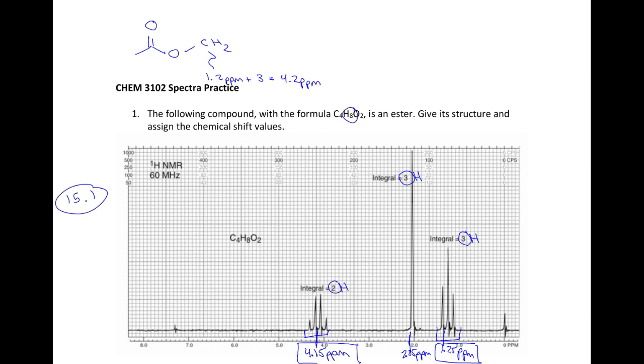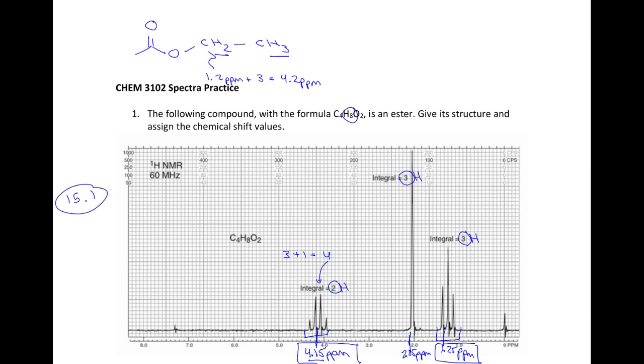That lines up pretty close with our 4.15, and it makes sense that it would be a quartet, because by the n+1 rule, these 2 protons would be split by these 3 protons. 3 plus 1 is 4, and that is why we get a quartet here.